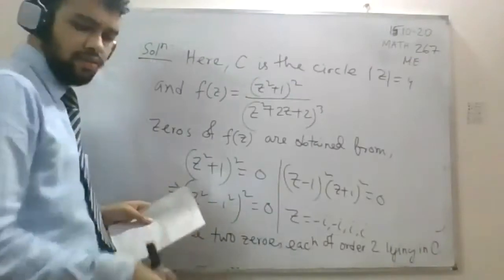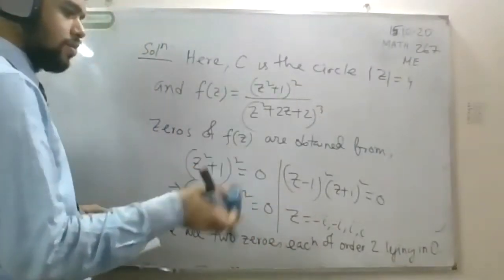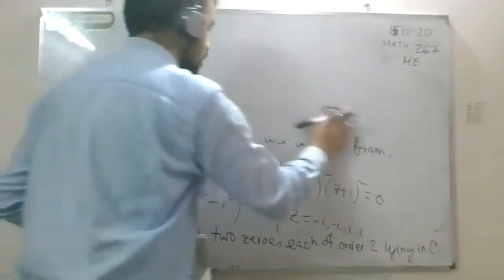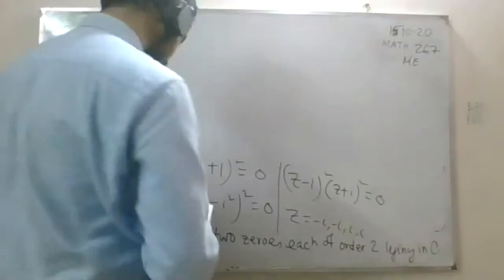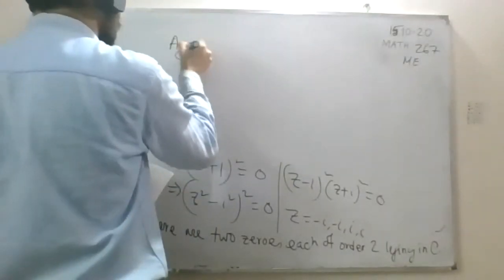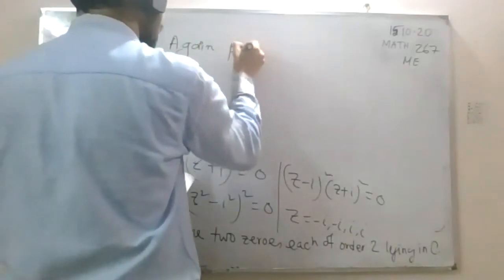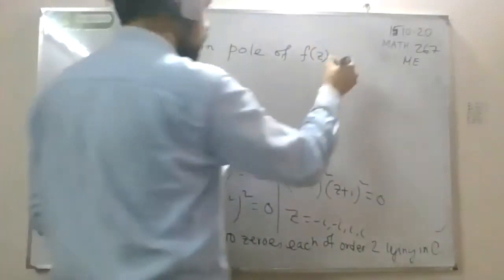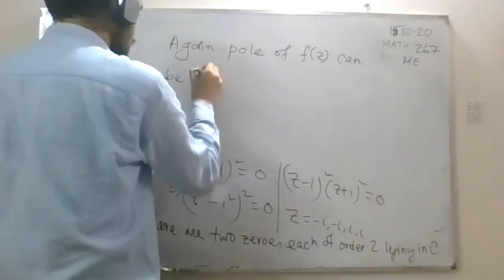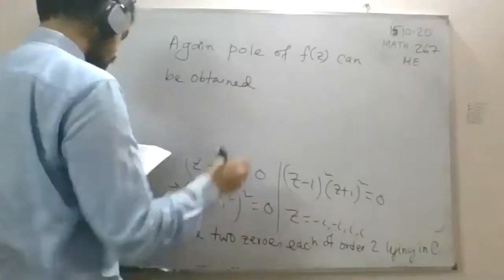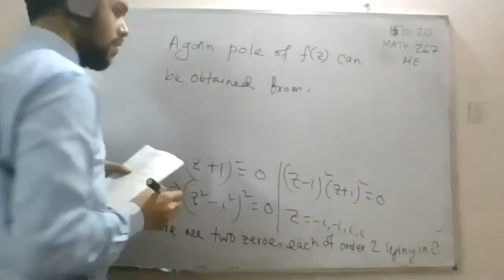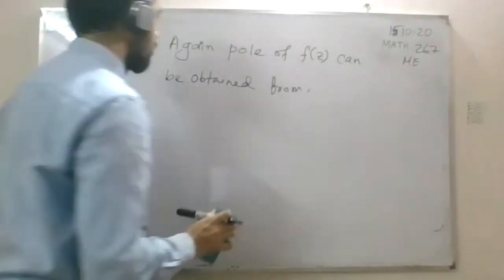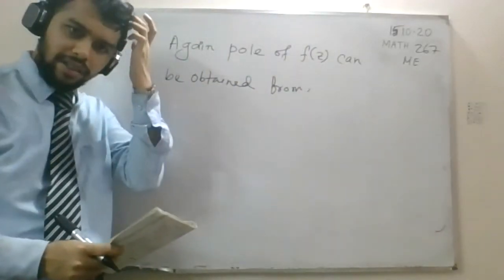Okay, so the number of zeros, each of order 2, lying inside the C, obviously lying inside the C. And for the poles, okay, someone please tell me how can we find out the poles of f z from our given function?